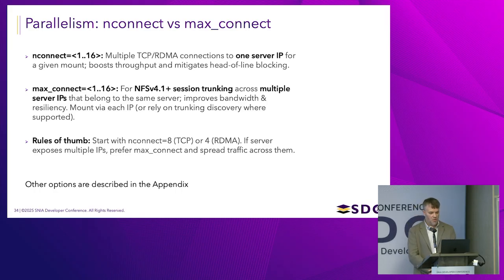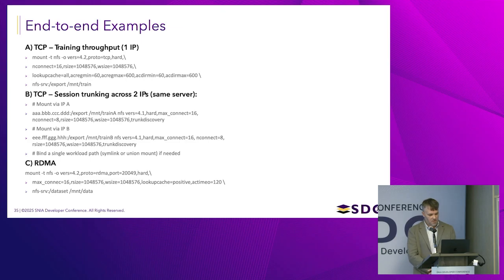Working with a high performance client, you can easily set nconnect to 16, which is the maximum possible value. And in case you have multiple IPs, you just need to spread these 16 connections across all the IPs. I have several end-to-end examples for single IP TCP connection, dual IP TCP connection, and RDMA-based connection.